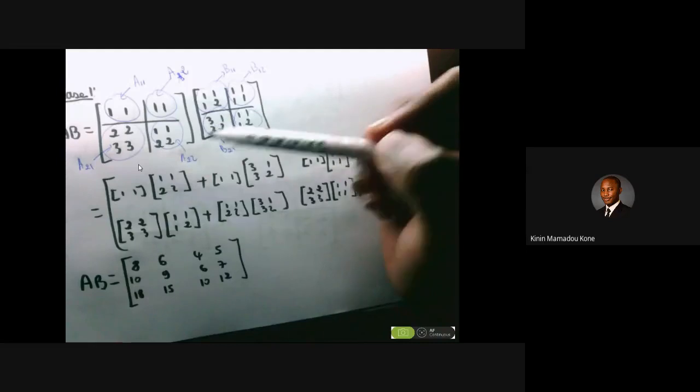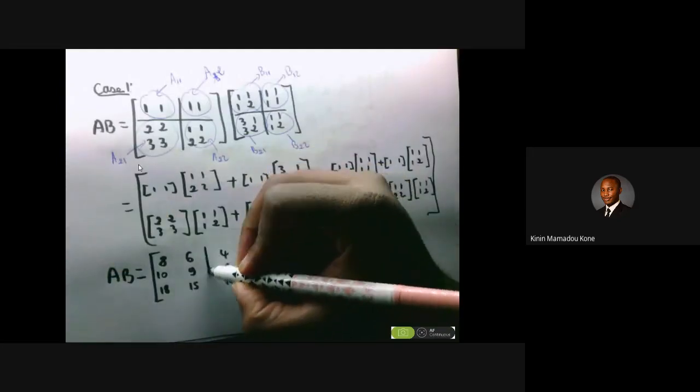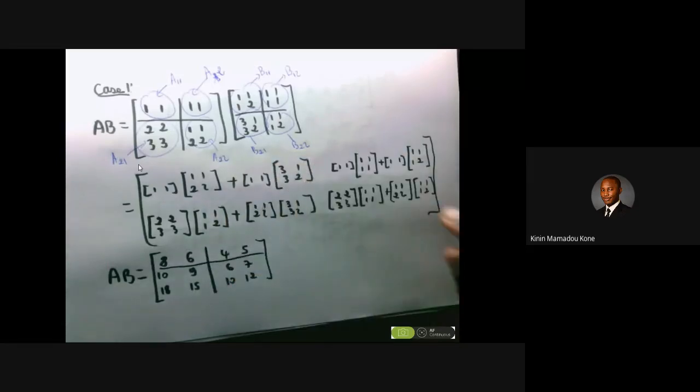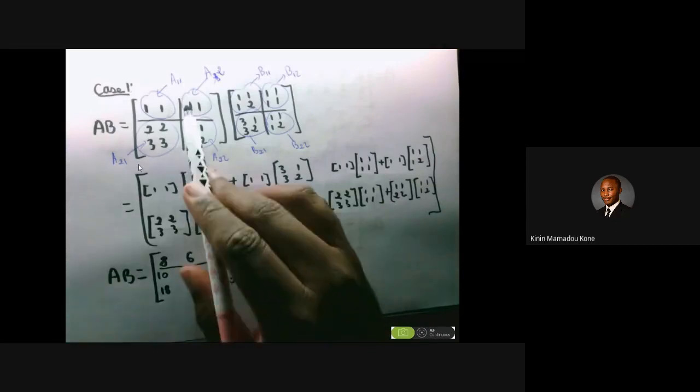Now, this is our matrix A, and this is our matrix B. The way we break down A, the matrix on the left side, is the same way we're going to break down our result. Now let's move on to the next one. The way we created blocks with A is the same way we do it with B.